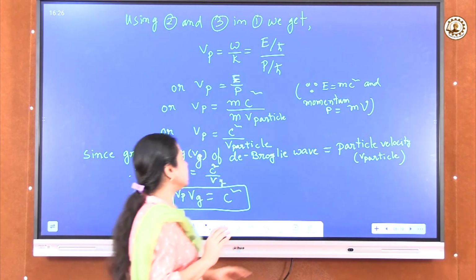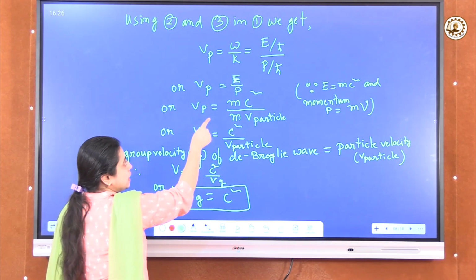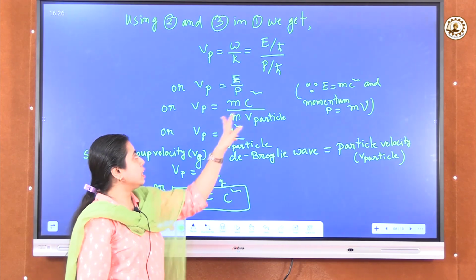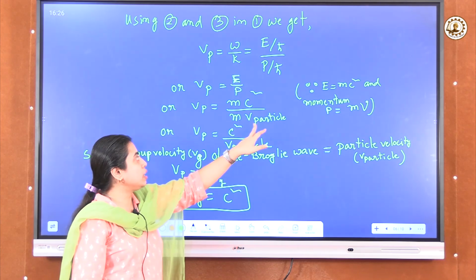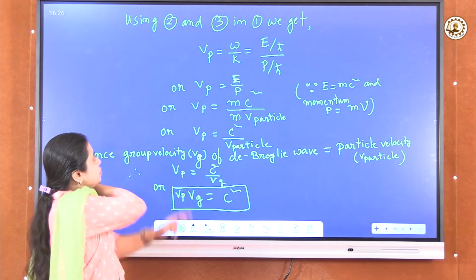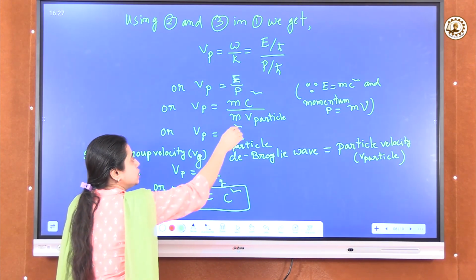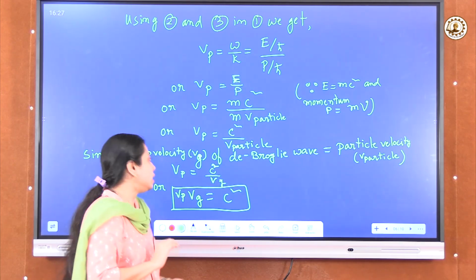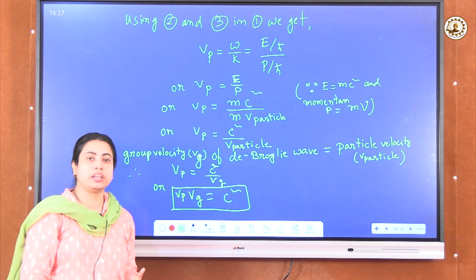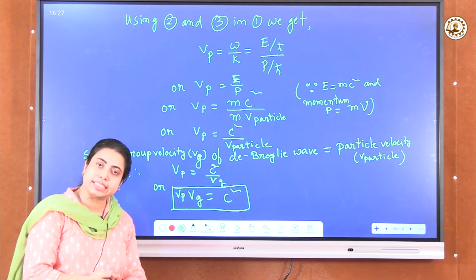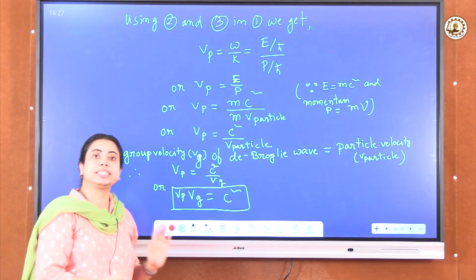So if I write this, I can use this equation and write Vp is equal to mc square divided by m into the velocity of the particle, that is v particle. Now this m is cancelling and I can write Vp is equal to c square by v particle. Now a very important concept, this line I have to write here. Both for the relativistic case and the non-relativistic case, this concept is valid.